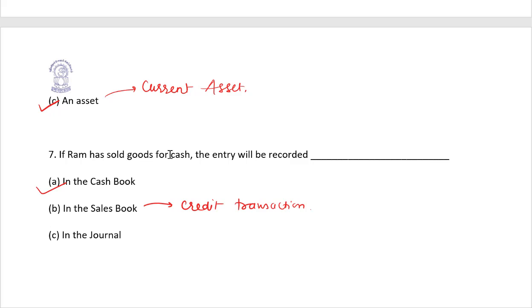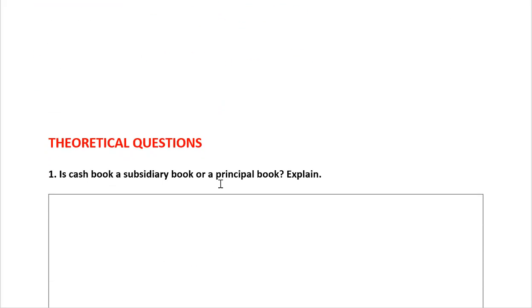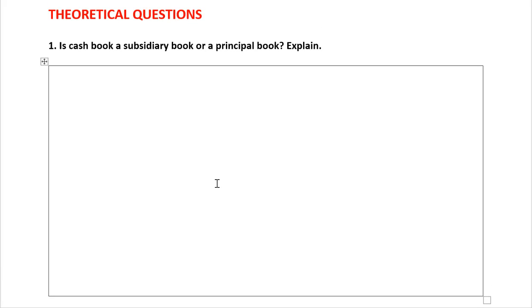So the answer is A, that is in the cash book. I believe it is clear to all of you. Let's see this theoretical question. It talks about, is cash book a subsidiary book or a principal book? Explain.